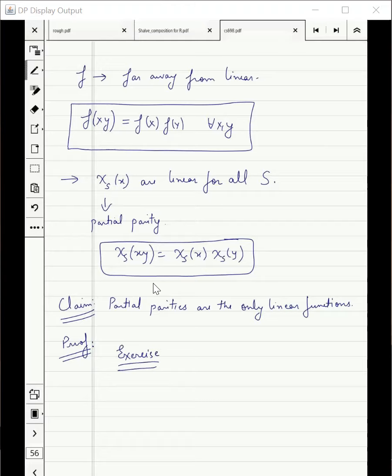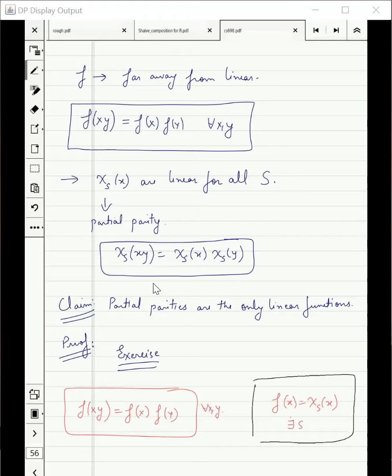What are the two definitions? One is that it satisfies the linearity property for all x, y. What is the second definition? It can be expressed as a sum of x_i's over a set S, equal to chi_S(x) for some S, right?